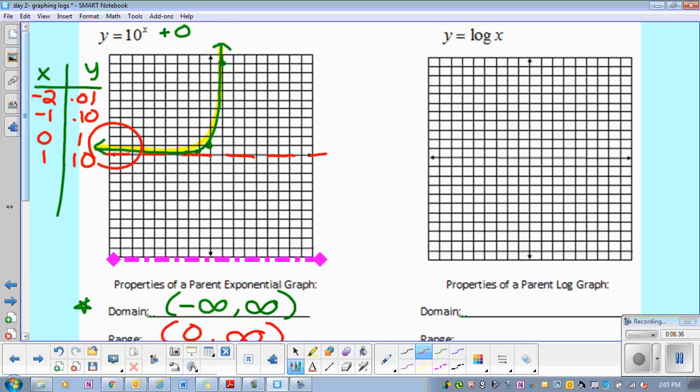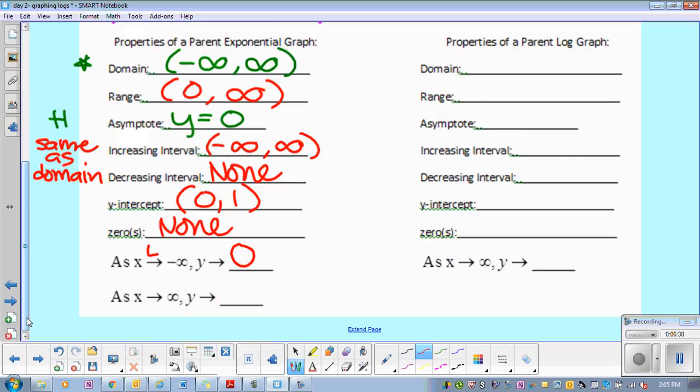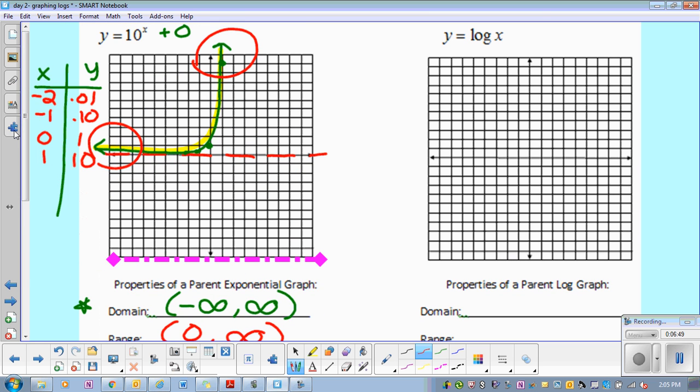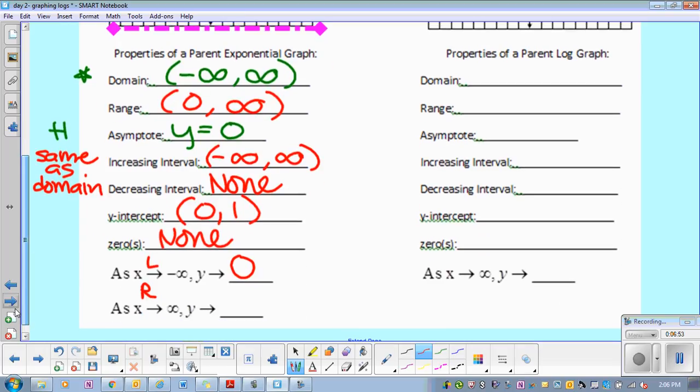Your asymptote. So as x approaches infinity, that's your right arm. Look at your right arm. Where's that going? Straight up to infinity. Good. And beyond.